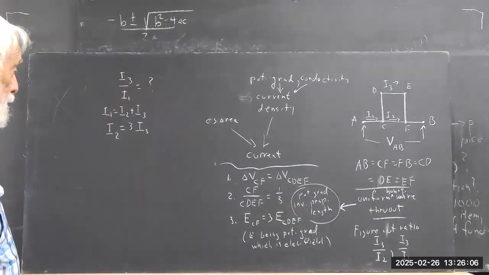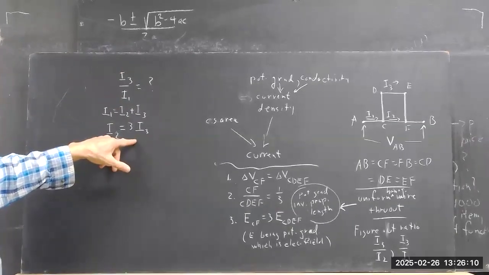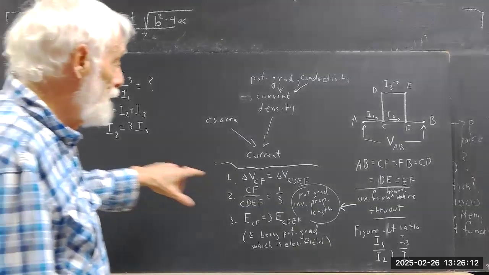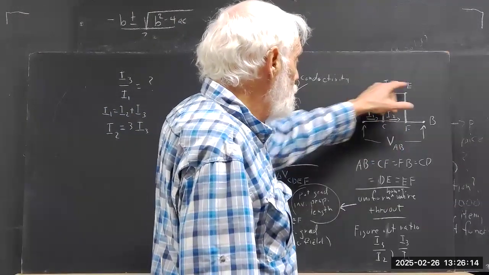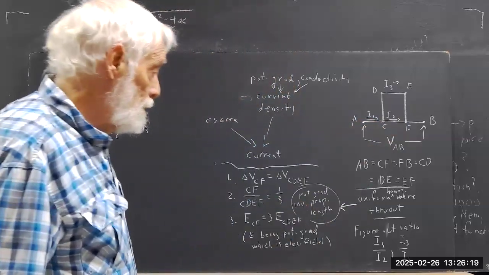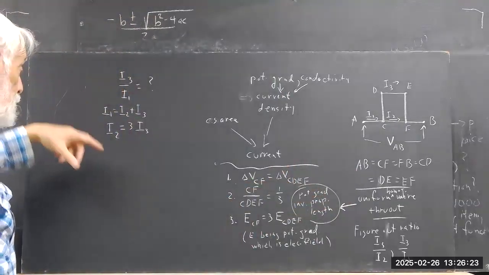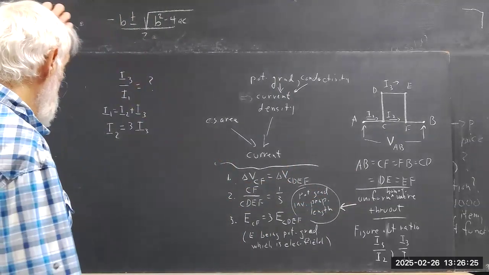So I3 is 3 times I2. Oh, wait a minute. I2 is 3 times I3. And you know that because, same potential, 3 times as far, this has got to be 1/3 the current of this. So you have it symbolically, if you've written out what the ratio of I2 to I3 is.